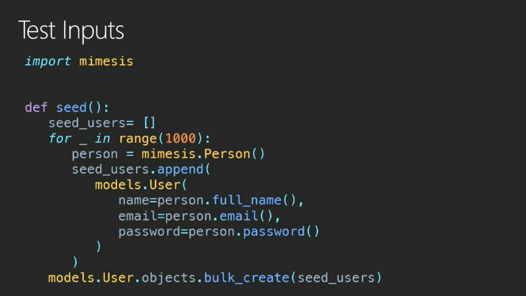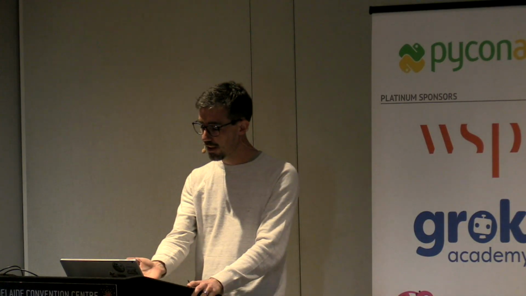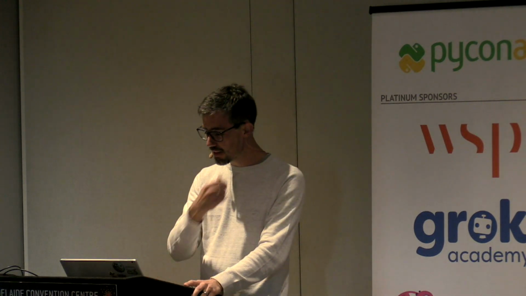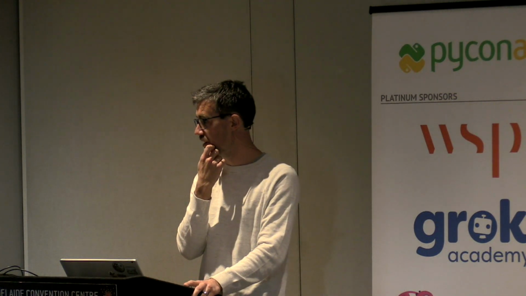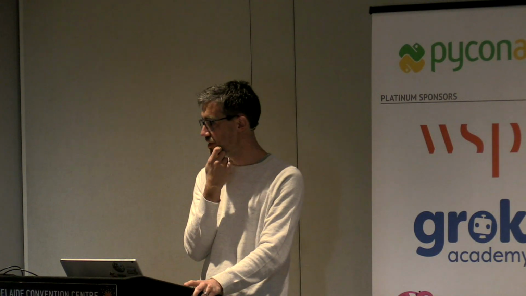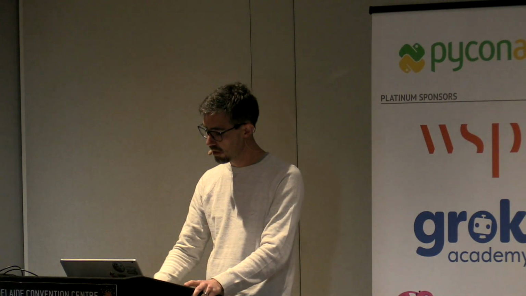That person object will generate a random name, a random email, and a random password for each one of those users. And it's got loads of other properties as well. You can put in their address, their political affiliations, their favorite type of tea, it's got everything in there. And then once you've done that, you want to use a bulk create call to add all of those users in a huge batch.